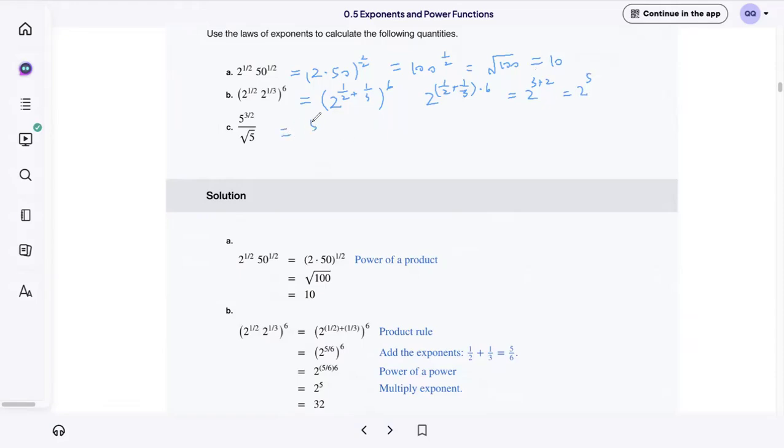And for this one, we have 5 raised to 3/2 divided by 5 raised to half. Division, we subtract the exponents. Just 5.